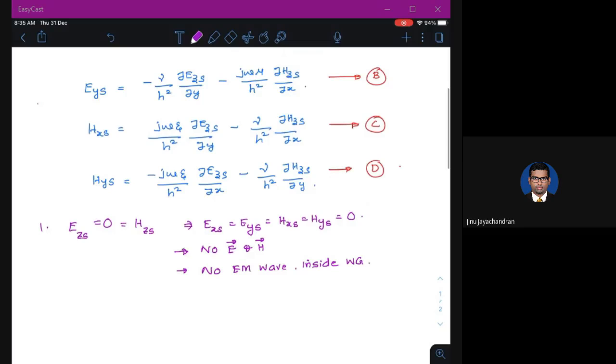Okay, so the electromagnetic wave will exist in an unbound medium when these components are 0, but inside a waveguide, this will not exist.